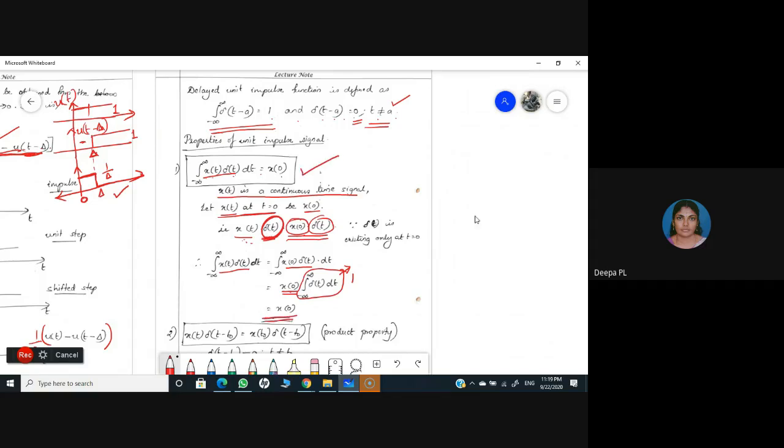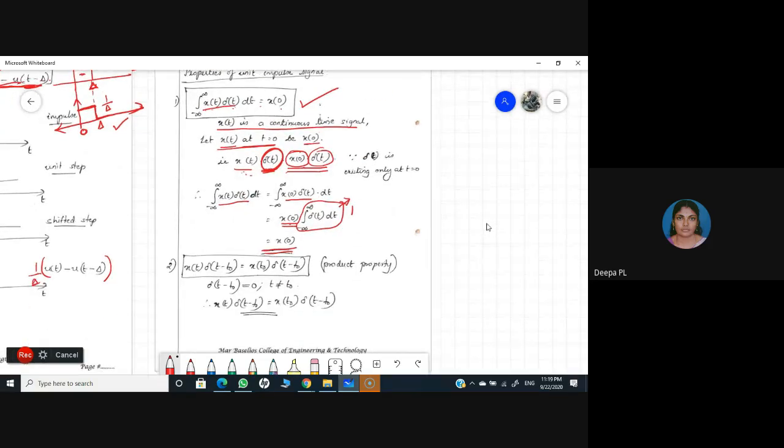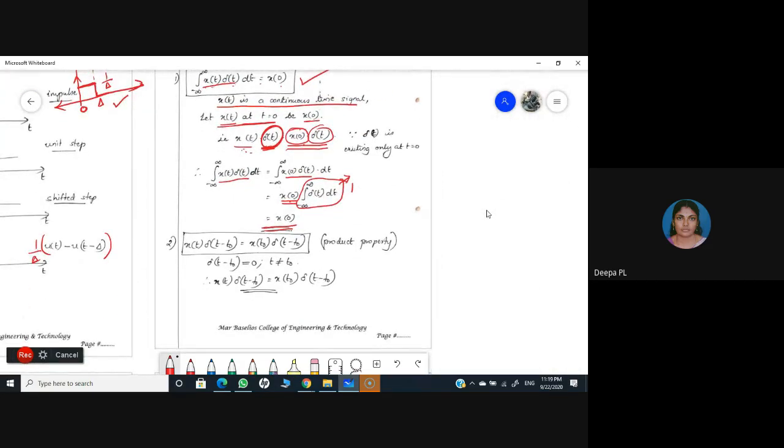Then you have the next property known as the product property. The product property states the same thing: if I multiply any signal with a delayed impulse del of t minus t0, we know that del of t minus t0 has amplitude only at t equal to t naught, and it is equal to 0 for all other values.